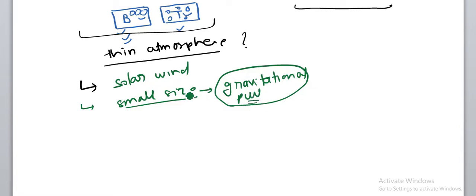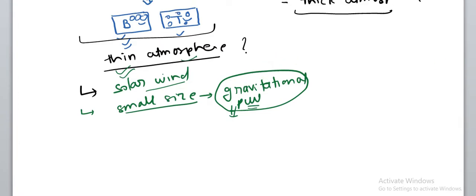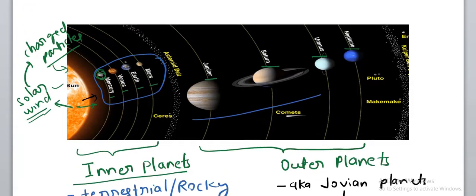So small size, less gravitational pull, and because of this less pull, these planets are not able to hold on to their atmosphere, right? So the solar wind can easily blow off their atmosphere, and ultimately they have a thin atmosphere, right? So this is about these 8 planets in our solar system.